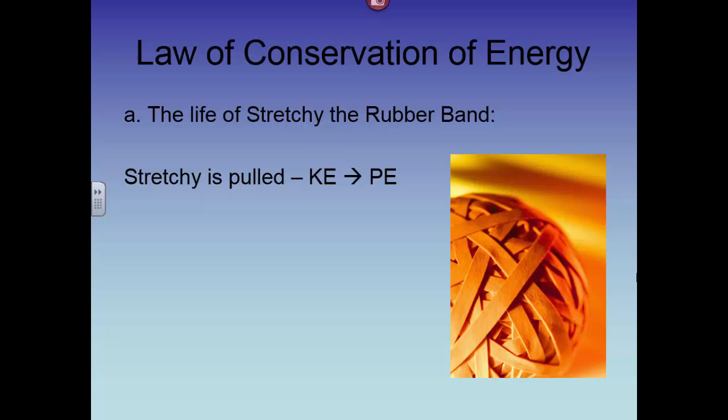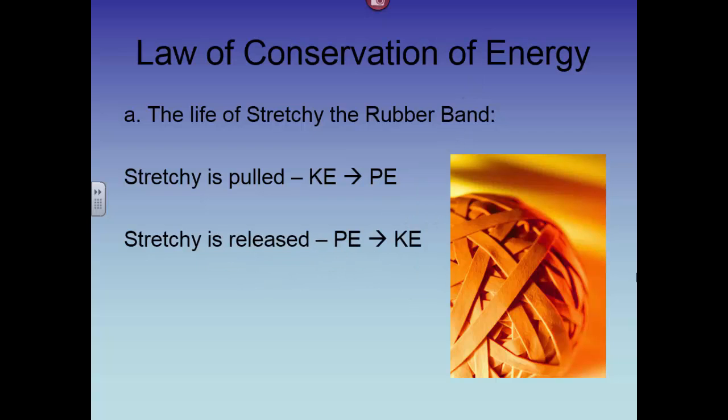And all that energy is changed into potential. And if you think about that, that probably makes sense because you can feel the energy in the rubber band wanting to pull itself back to its original shape. All of that energy that started as kinetic, the motion of you pulling the rubber band, is changed into the potential of that rubber band to snap back to place.